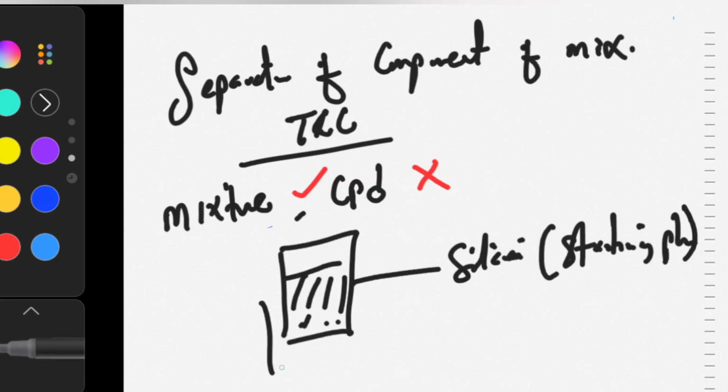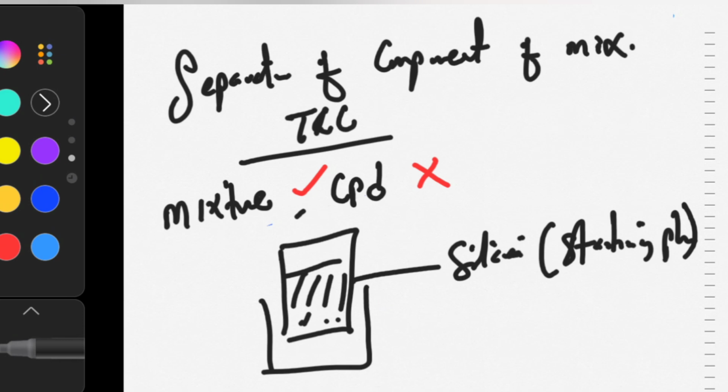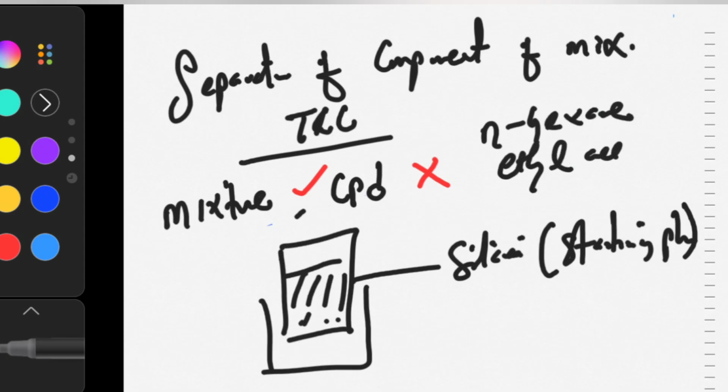You know, you put it in the beaker or a system. All right, and the mobile phase, which I said is made up of solvents, typically n-hexane, ethyl acetate usually can be used as a solvent.